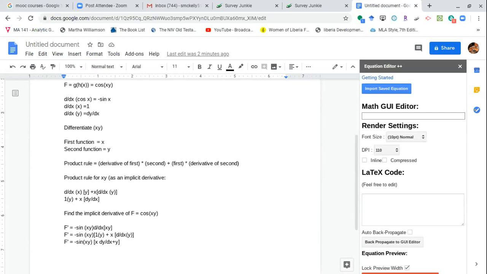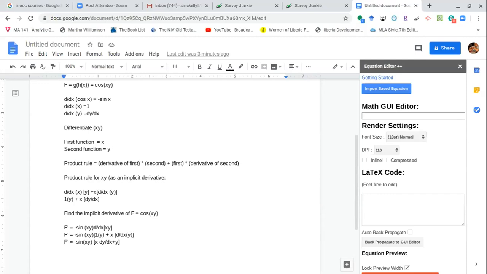Okay. Now, all I'm going to do is take, you see how I have that first term? I'm going to move that first term, the one before the negative y sine of xy, to the right side.